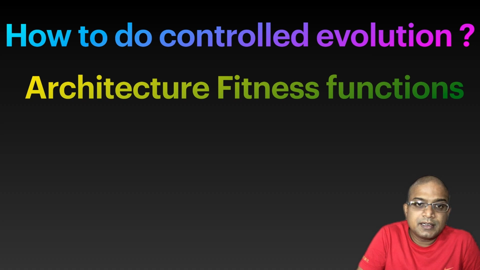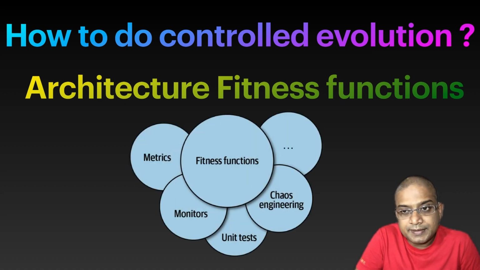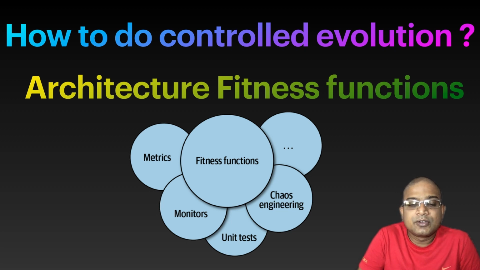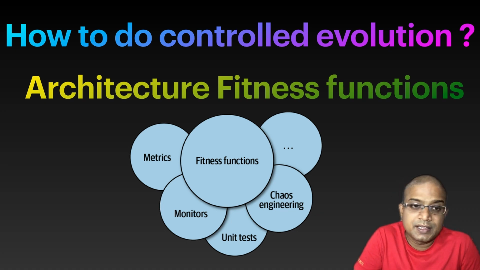Architectural fitness functions means that you define some kind of parameters during the design phase, and come to an agreement saying that these parameters will not change despite any feature or functionality changing. How can you measure these fitness functions?